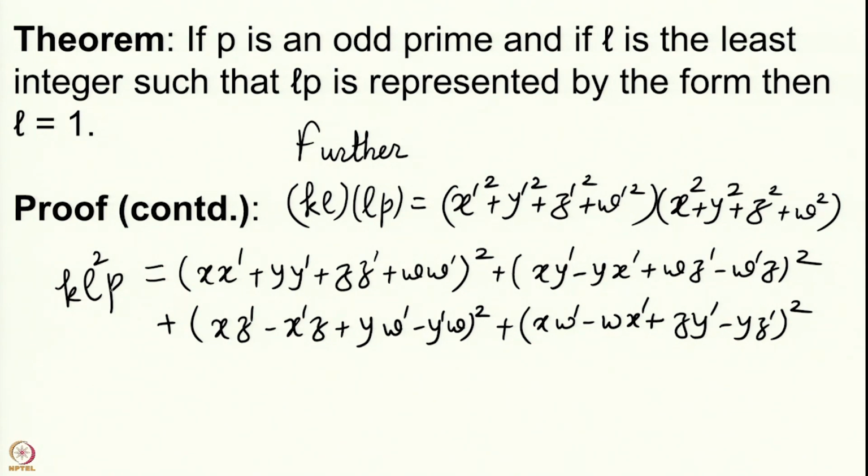Now we make one very important observation. In all these sums of squares, here these two numbers, see x is congruent to x prime modulo L and y is congruent to y prime modulo L. So this number which I have underlined here is 0 modulo L. Similarly, this is 0 modulo L. So this whole number is 0 mod L square, the square is 0 mod L square.